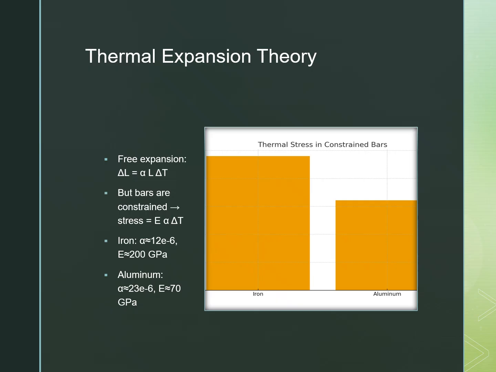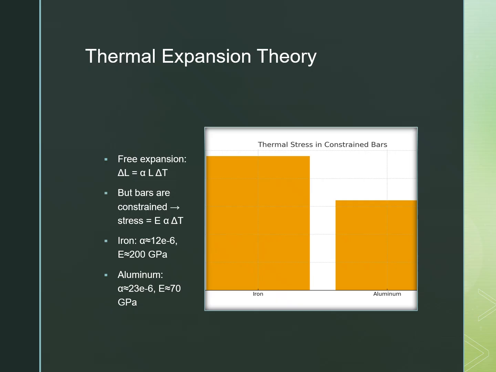Iron has a thermal expansion coefficient of about 12 times 10 to the negative 6 and an elastic modulus around 200 gigapascals. Aluminum has a higher expansion coefficient, around 23 times 10 to the negative 6, but its modulus is much lower at about 70 gigapascals.